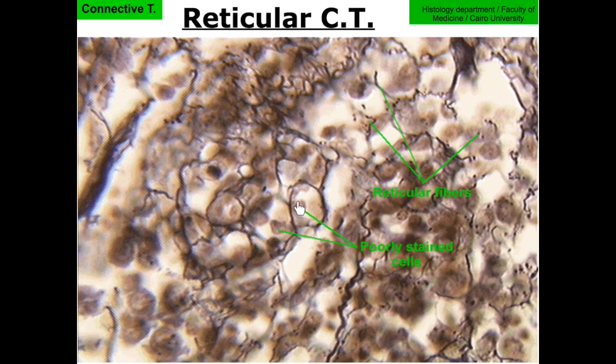Actually, the reticular cells form the reticular fibers, and these reticular cells have processes that are joined together by tight junctions. This type is characteristically present in the background, or the stroma or framework, of organs and glands like spleen, lymph node, kidney, liver. It's stained, as we have said, by silver, with a color which is black or brown black.